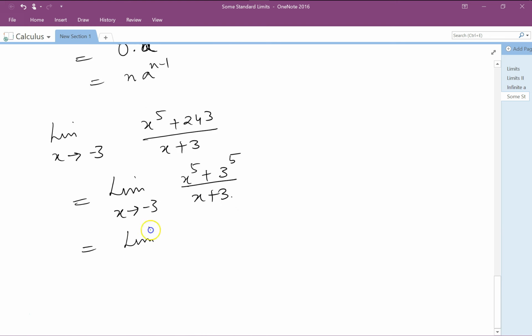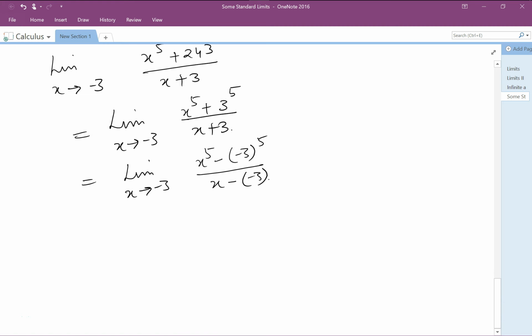So limit as x approaches minus 3, x to the power of 5, we want this to be negative, so put minus. But overall we want it to still be positive, so take the minus in. And remember, minus to the power of 5 is always minus by x minus minus 3.